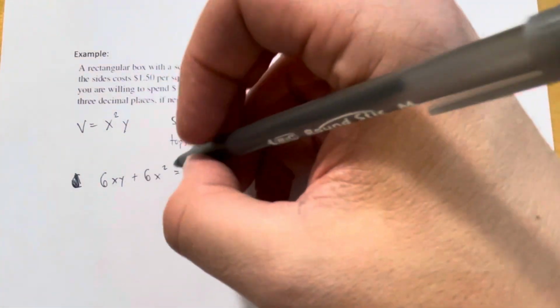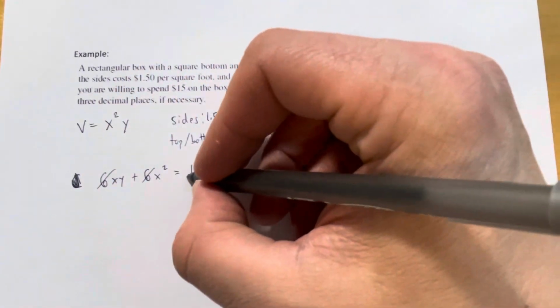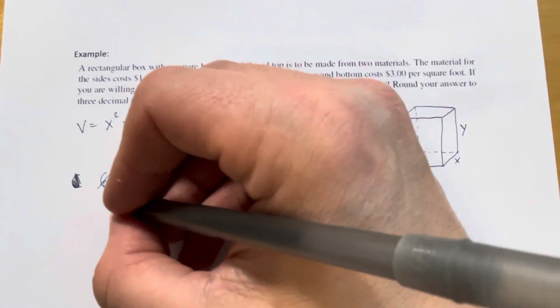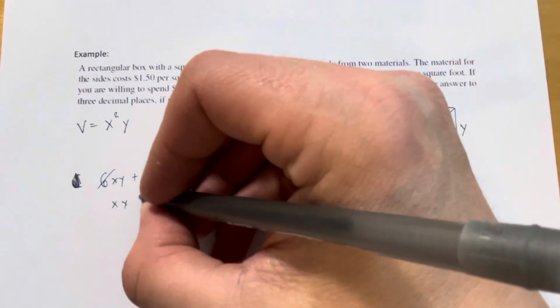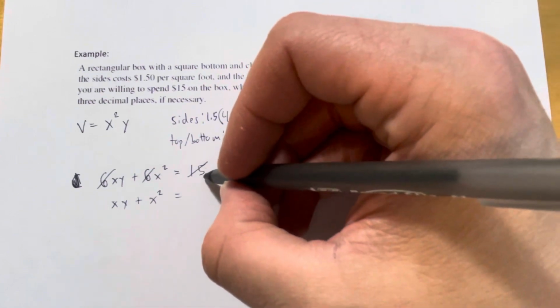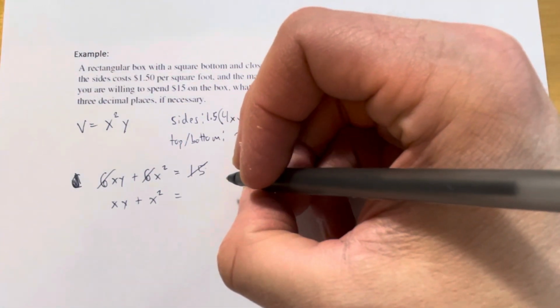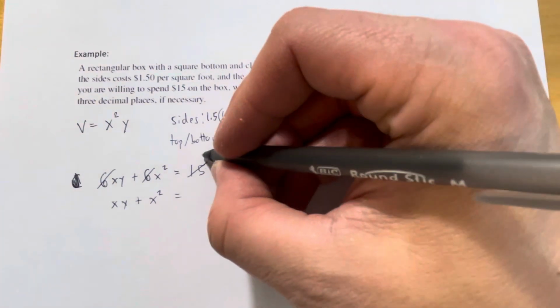So to solve this for y, one thing I could do is divide everything by 6 to start. So I'm going to get xy plus x squared equals 15 divided by 6. 15 divided by 6 would be 2.5.